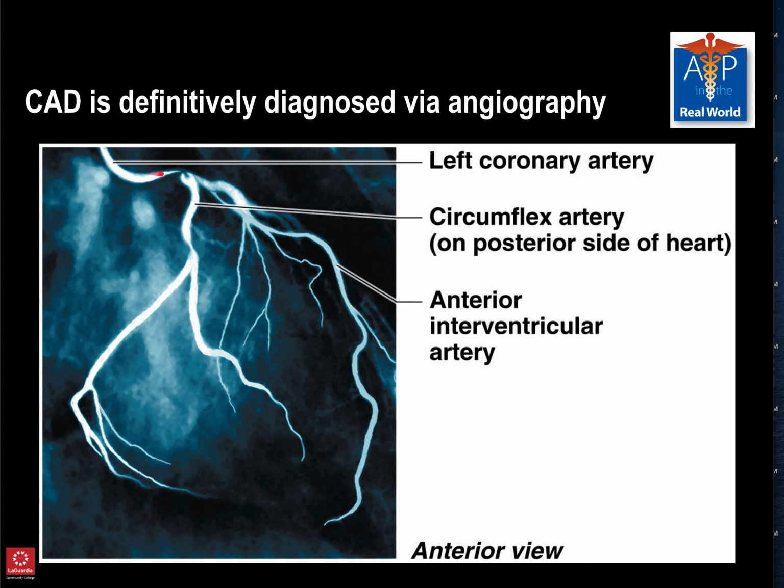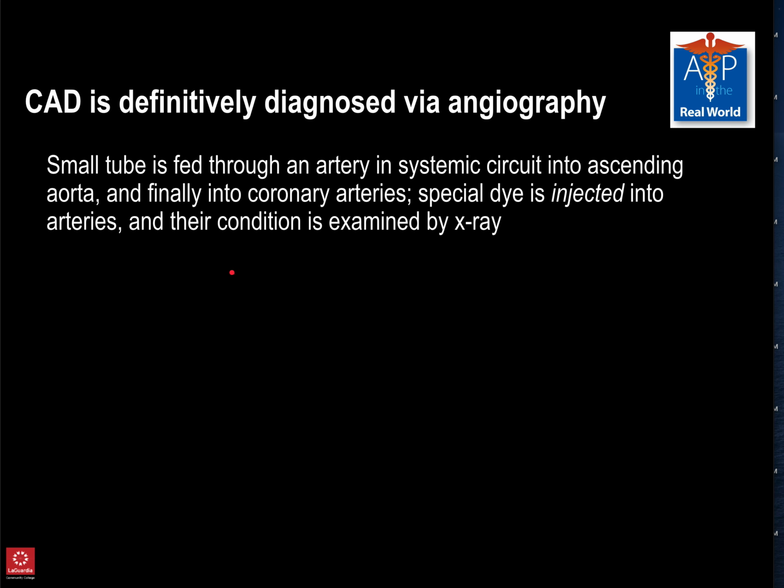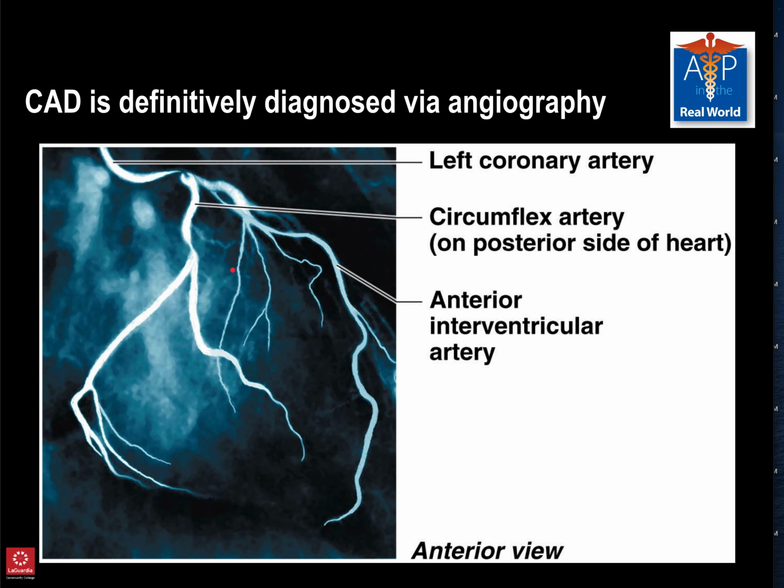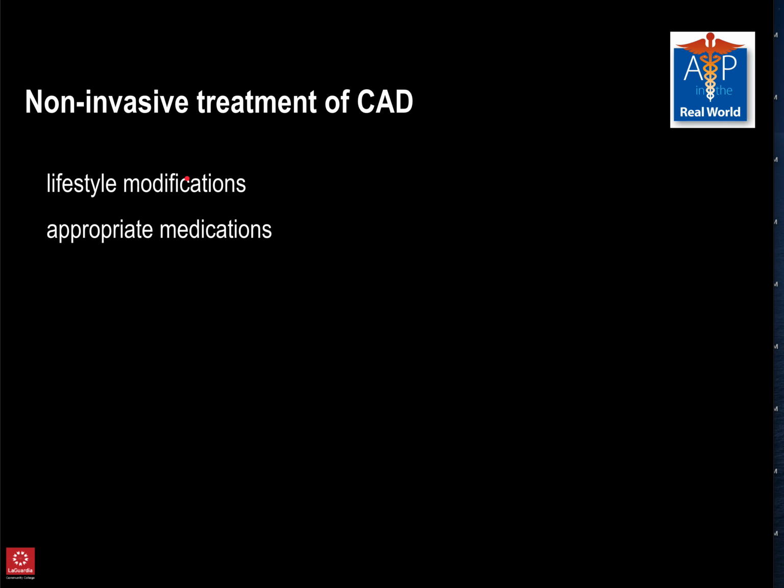And you can see the LCA, and you can see where the circumflex artery is. And you can see that in certain areas, it seems like there's a little bit of a narrowing, right? And that narrowing is probably indicative of heart disease. So this needs to be fixed.